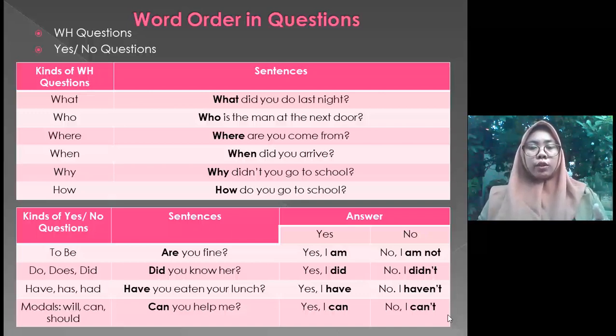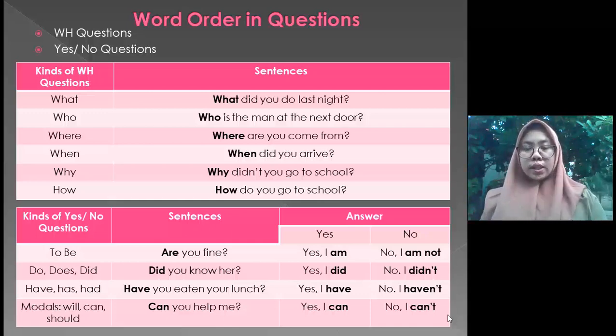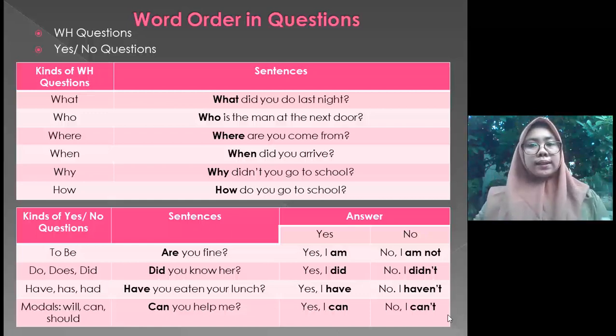Okay, so if you want to make your sentence a question, you can use the WH question word in the first position in your sentence. And after that, you must follow it by to be or auxiliary or maybe modals. For example, using the word what here. What did you do last night?